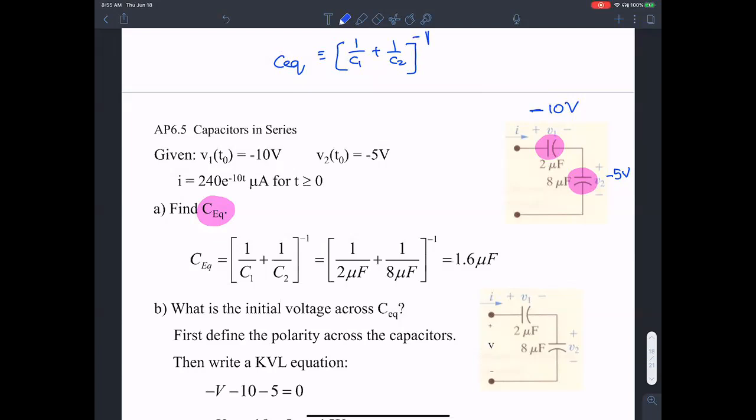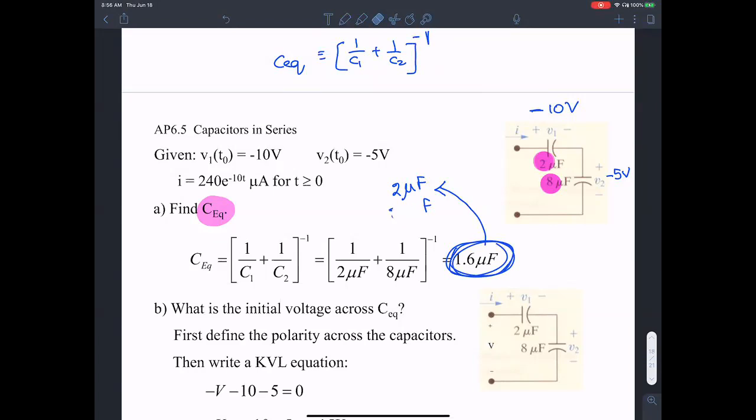As you can clearly see, whether it's two resistances, two inductances, or two capacitances connected in parallel or series, with 2 microfarads and 8 microfarads, the equivalent capacitance is less than the lowest.